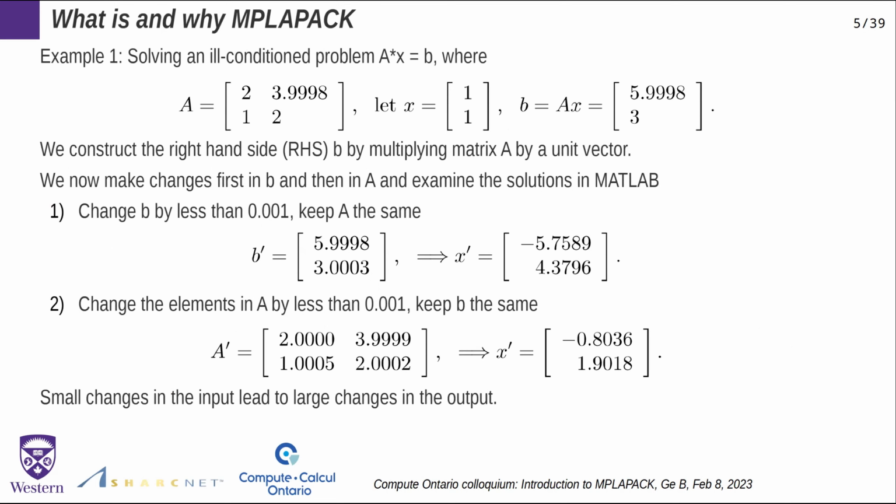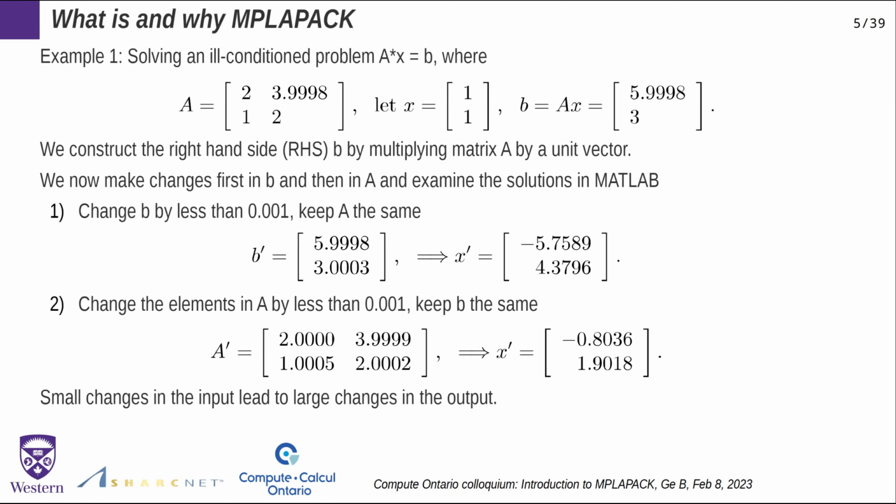So, first example, solving an ill-conditioned problem, a 2x2 linear equation. We construct the right-hand side by multiplying the matrix A by a unit vector. And we now try to solve for the vector x.